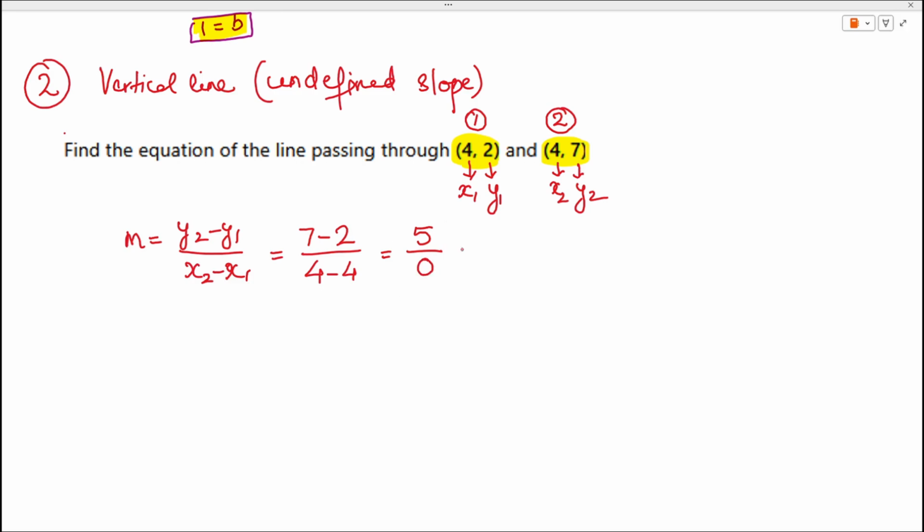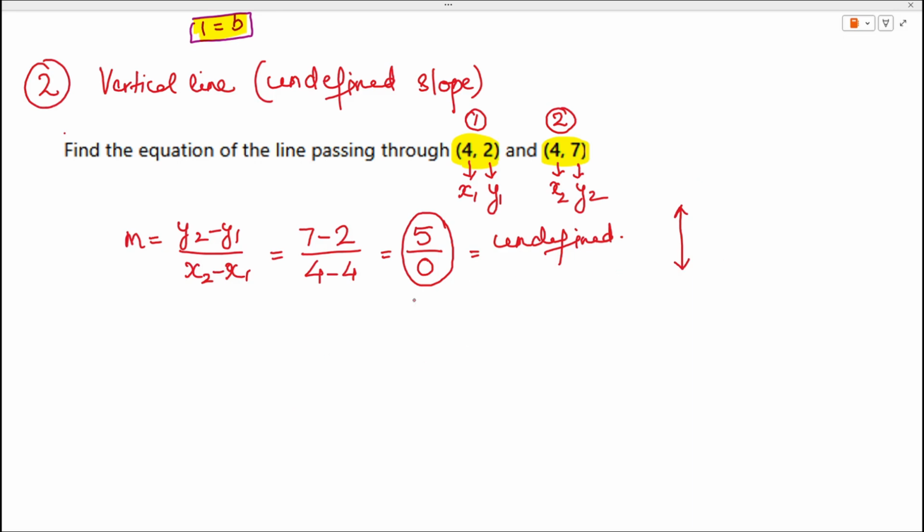If you put 5 over 0 in your calculator, you're going to get a math error. Any number divided by 0 gives you an undefined value. So the line you're trying to find the equation for is a vertical line.